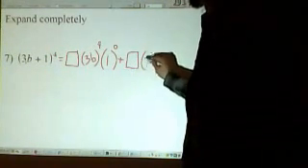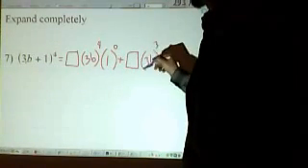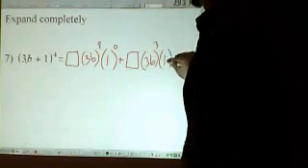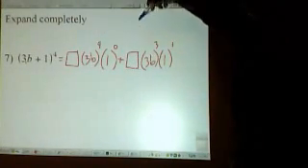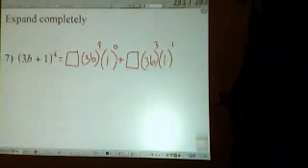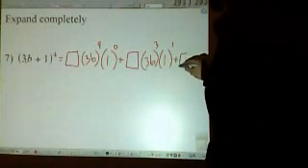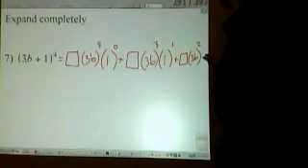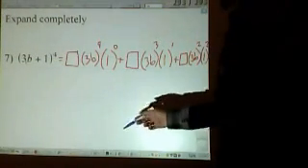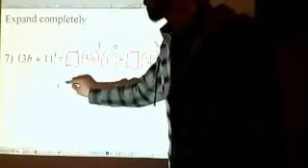Now we're going to put 3b to the 3rd power, and then we bring 1 to the 1st power. So I hope you see that this decreased by 1 power, and that the 1 increased by 1 power. Then we get another box, and we get 3b to the 2, and then we get 1 squared, okay? And then we're going to have a couple more terms over here too.